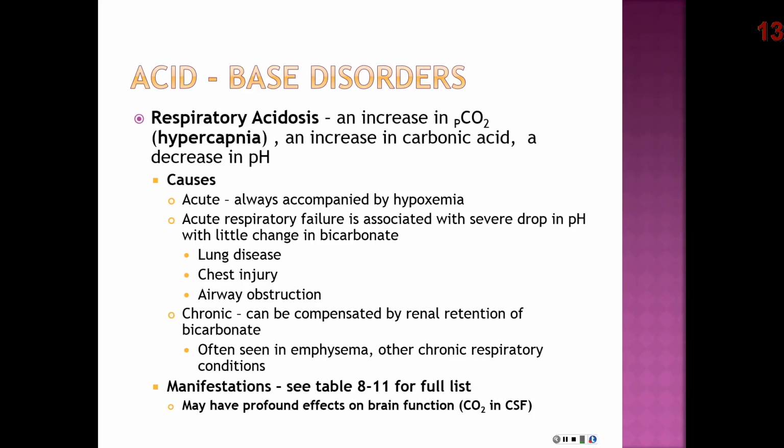Increased carbon dioxide in cerebral spinal fluid is particularly damaging. It causes vasodilation of the vessels within the brain, reduces blood flow, and so that's why you get confusion, depression, hallucinations, weakness, paralysis, and it can lead to coma. Very profound effects.